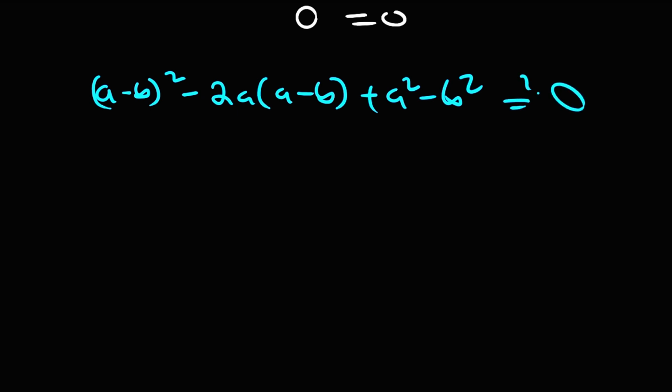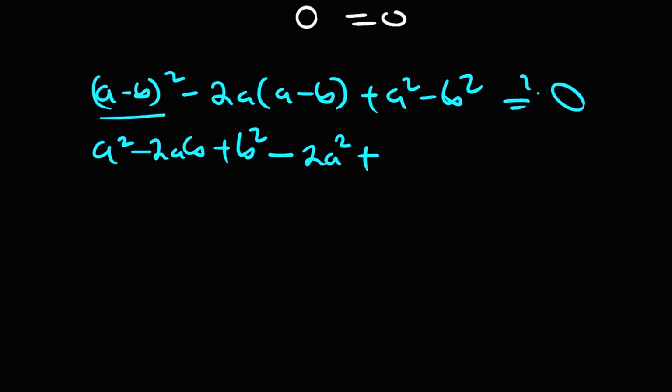So this first expression, according to quadratic identities, is given by a squared minus 2ab plus b squared. Then you have 2a times a is 2a squared, then plus 2ab plus a squared minus b squared, and is that equals 0?